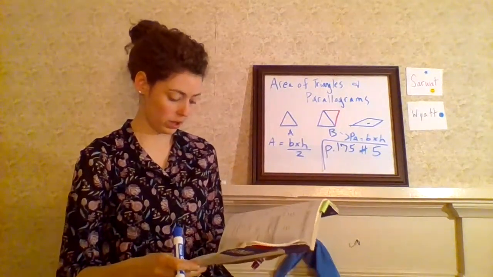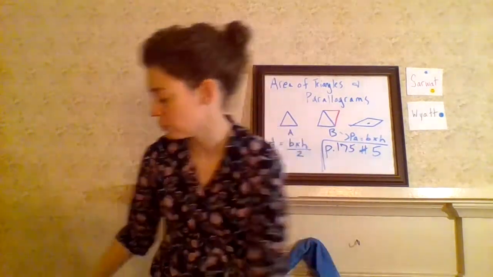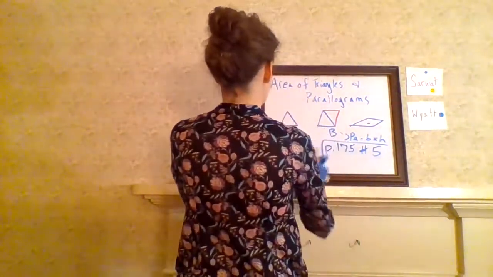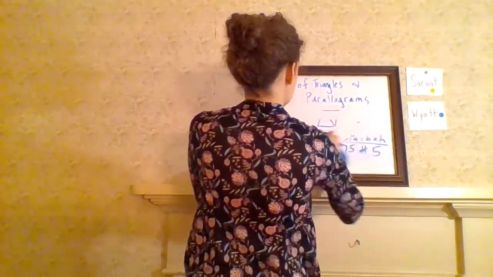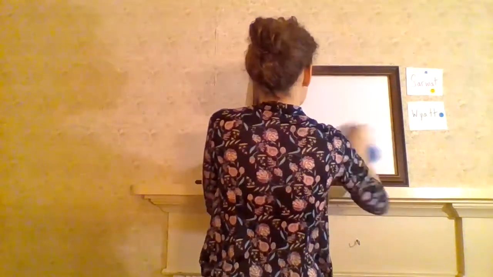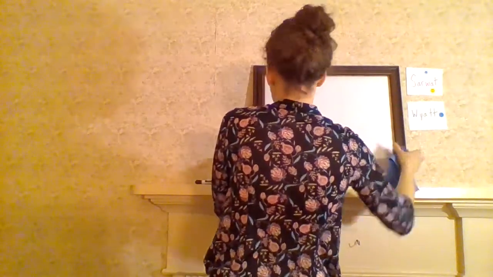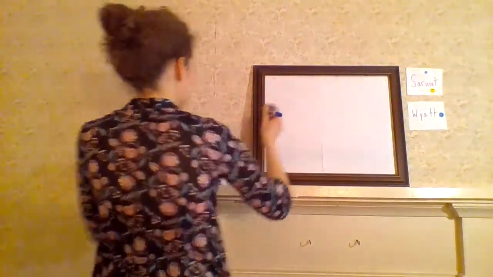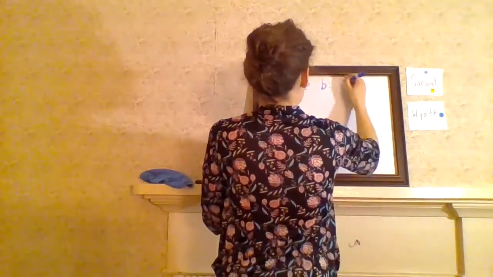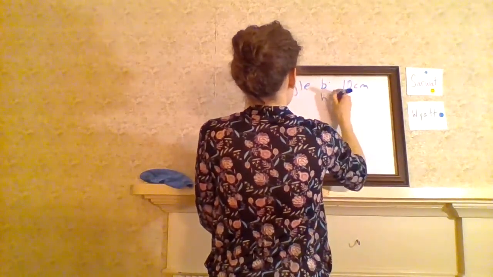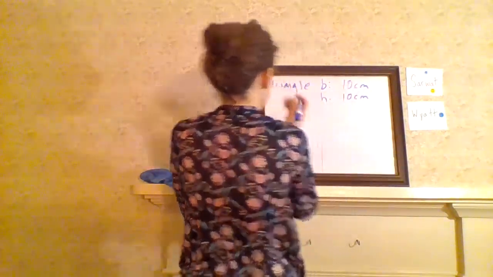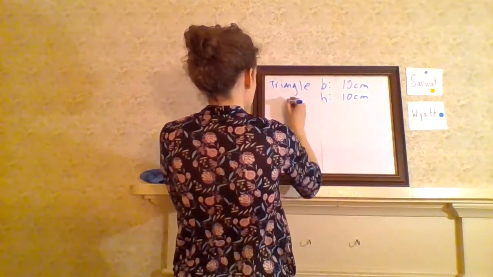Now before I let you go, I'll just practice a couple with you so you can see what that looks like. Let's just say we have a triangle, and the base is 10 centimeters and the height is, let's say, 10 centimeters as well.